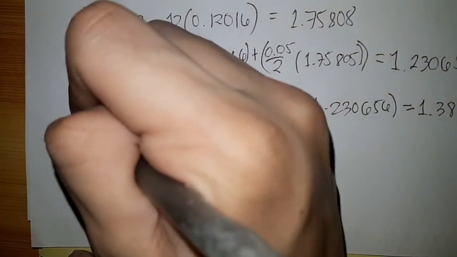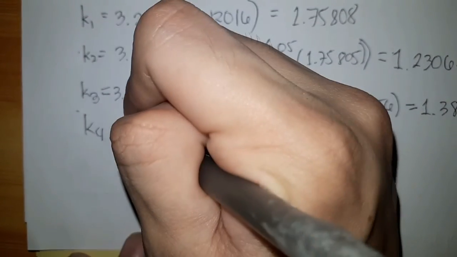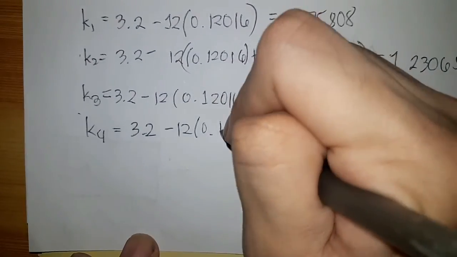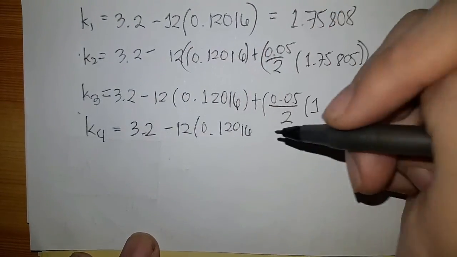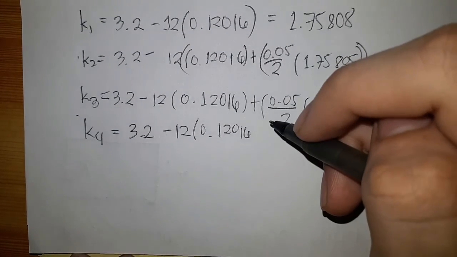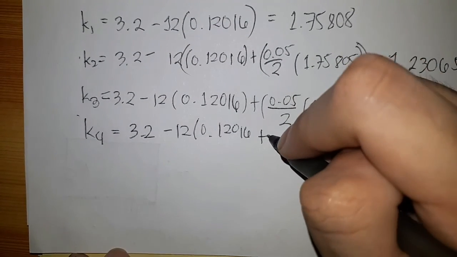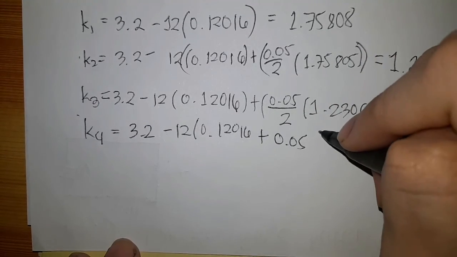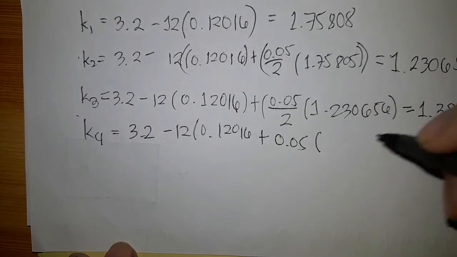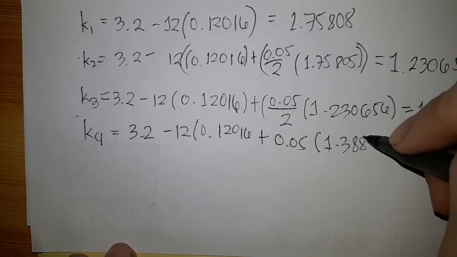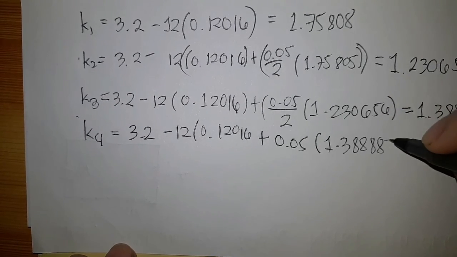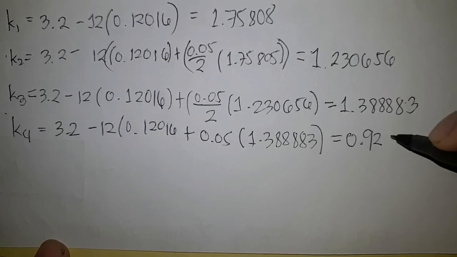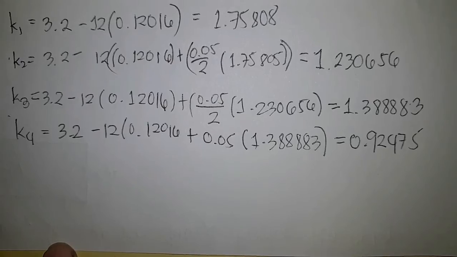So let's now solve for K4. So it's equal to 3.2 minus 12 times 0.12016 plus the step size, which is equal to 0.05 times the value of K3, which is 1.388883. So this one is equal to 0.92475.